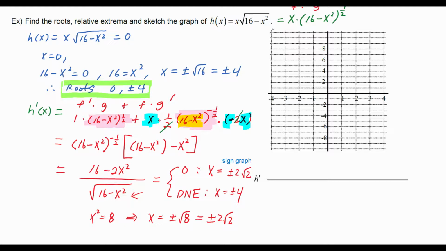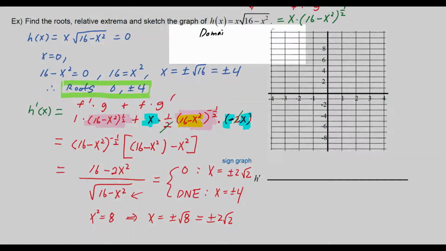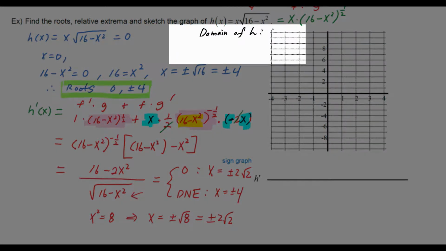Now, we do have a domain issue, right? Because the square root function has a restriction in its domain. That is, I cannot have any negative input. So let's find the domain of h to sketch the graph of h. To find the domain of h, you're going to have to set the input of your radical function greater than or equal to 0.